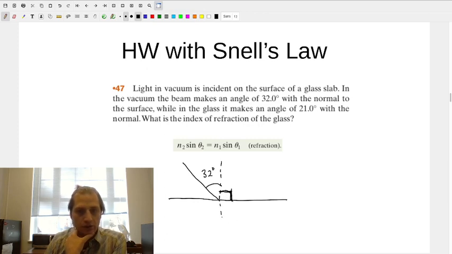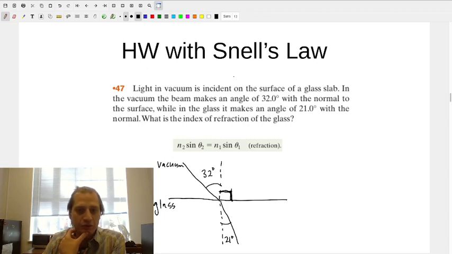That's what we mean by the normal. While in the glass, so here's vacuum, and here is glass, in the glass, it makes an angle of 21 degrees with the normal. Okay, so notice in the glass, the index of refraction is going to be higher because the light is going slower.